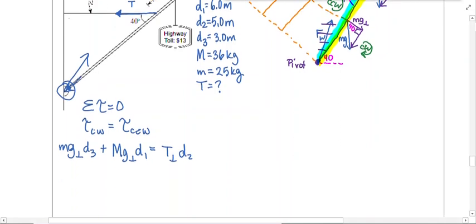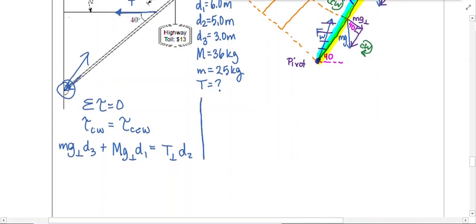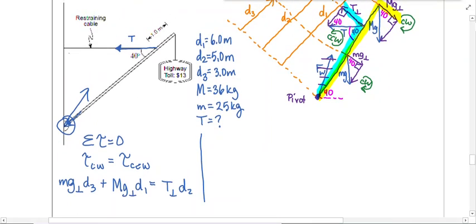Okay, let's put our trigonometry hats on for a second here. So MG perpendicular. This is adjacent, and this is another adjacent. So adjacent over hypotenuse is cosine. I'm going to be writing baby mg cos 40 d3 plus big mg cos 40 d1 is equal to the tension.